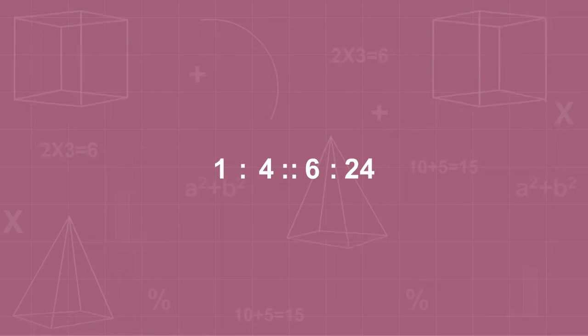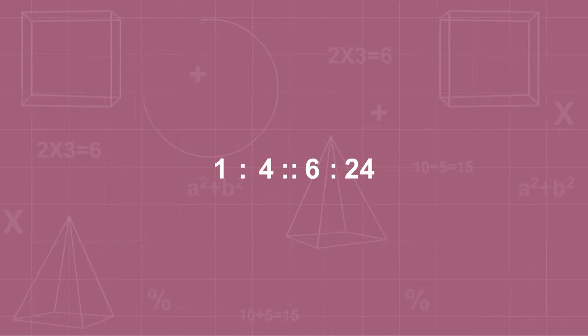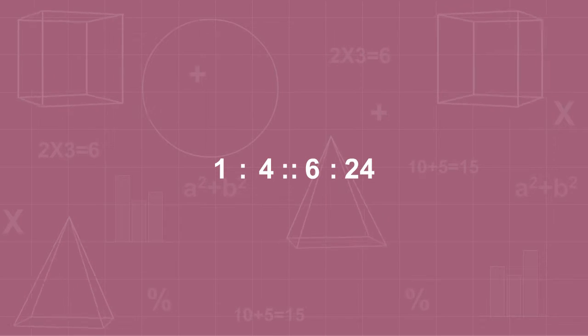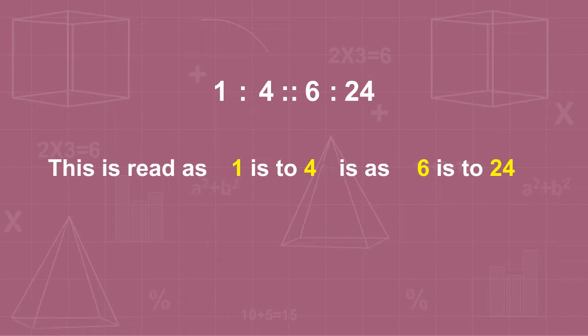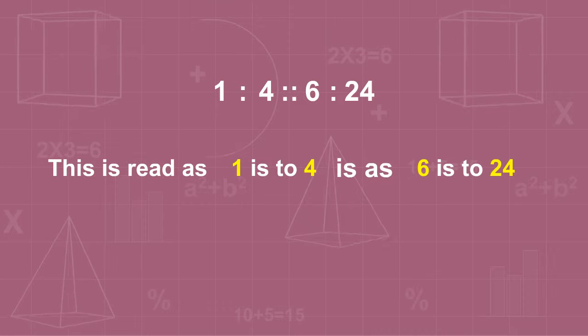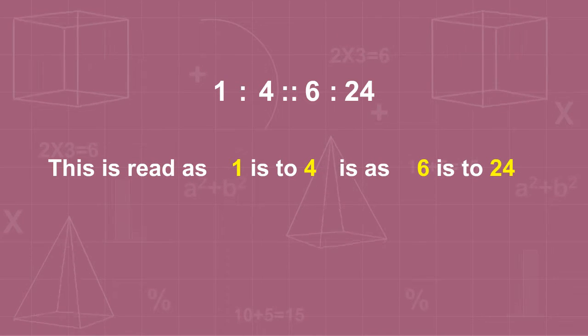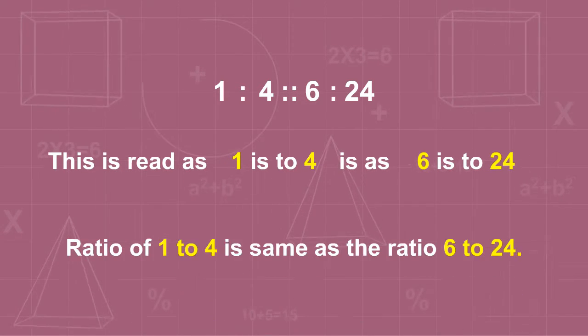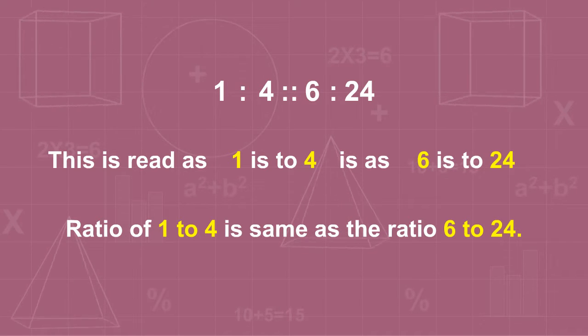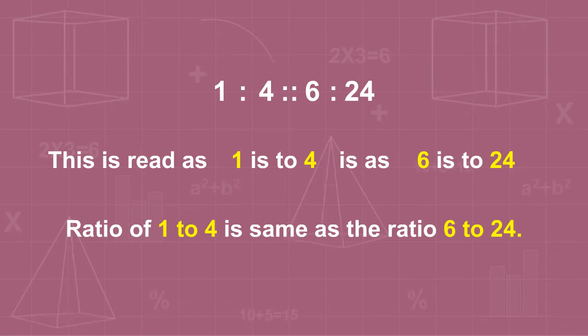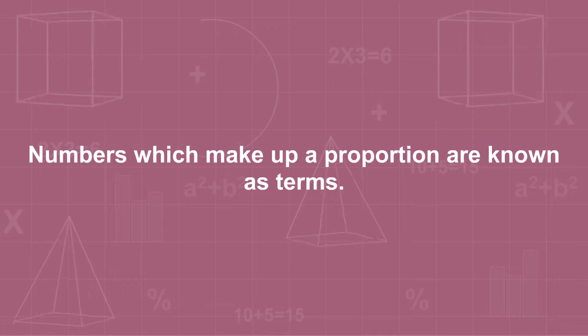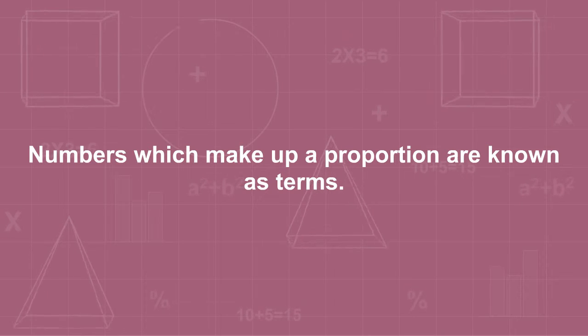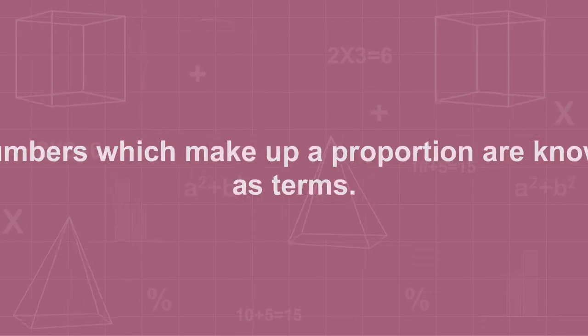It can also be written as 1:4 :: 6:24. This is read as 1:4 is as 6:24, which means that the ratio of 1 to 4 is same as the ratio of 6 to 24. These numbers which make up a proportion are known as terms.